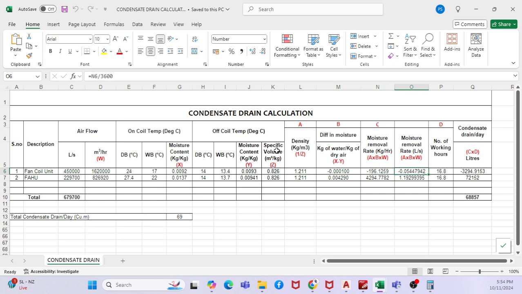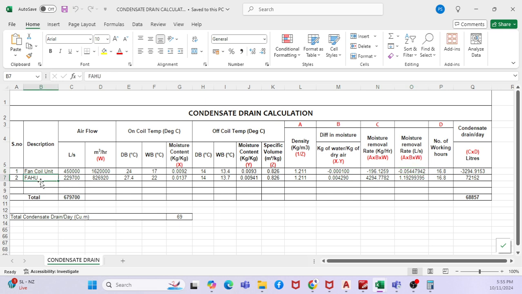A is nothing but density multiplied by B. B is nothing but the difference in moisture multiplied by W, which is CFM. When I calculate all three, I will get the total moisture removal rate, which is called the condensate drain. How much moisture I have removed in kilogram per hour. If I convert into liter per second, I can say moisture removal in liter per second. So this is the condensate drain flow in liter per second.